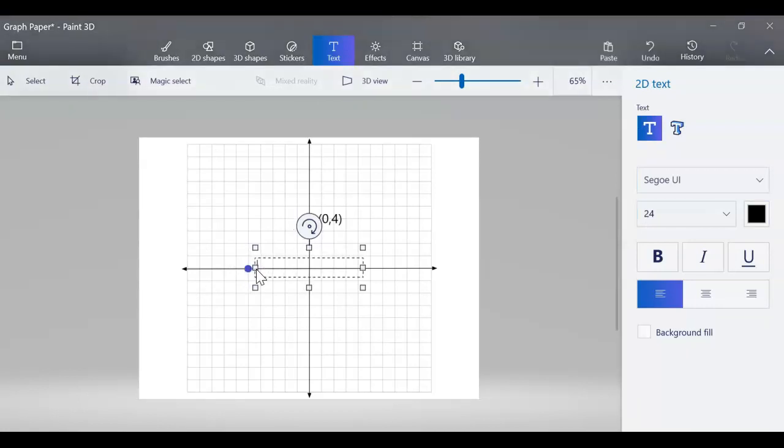Let me adjust that. Let me go down a little bit too, just so we can see it. There we go. All right, so (0, 4) and (-5, 0).